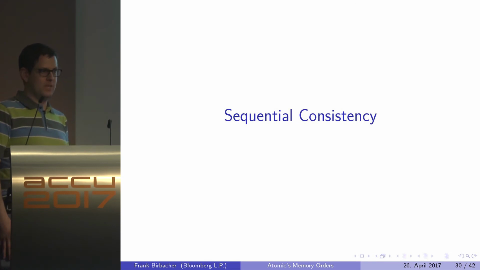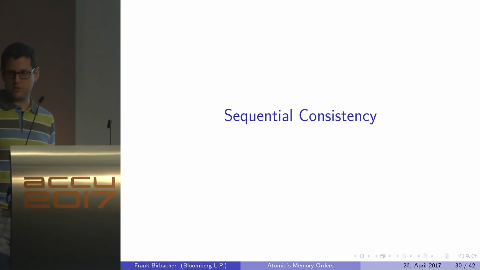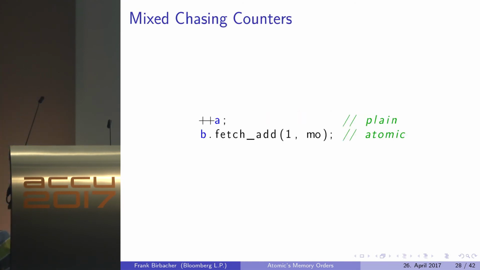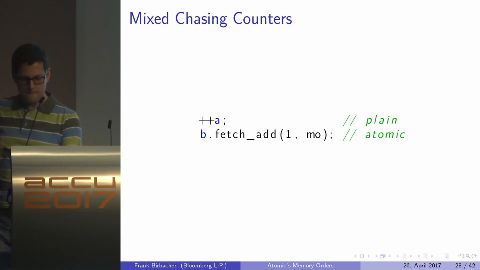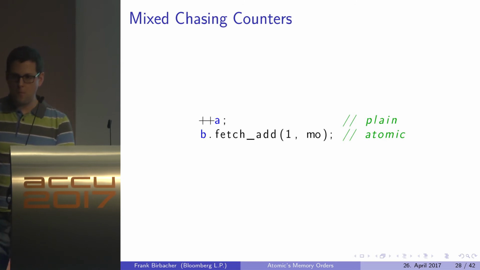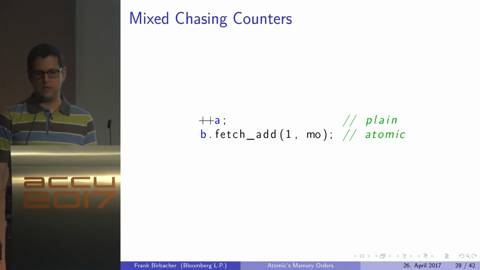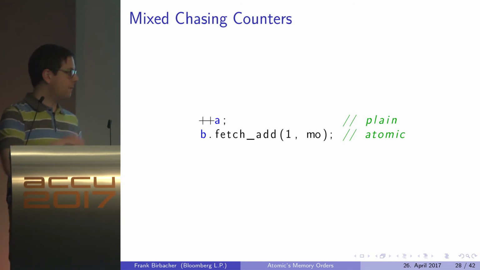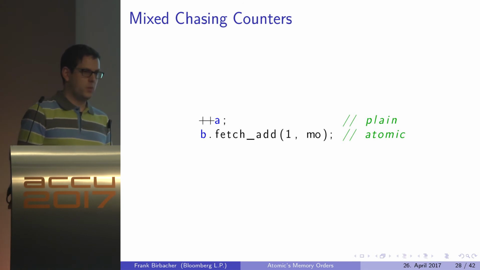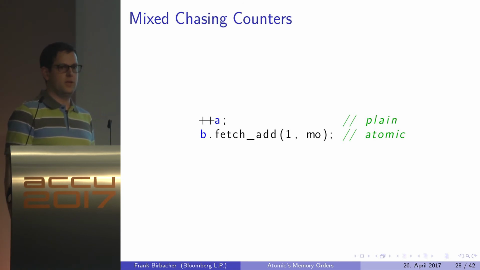So, do you have any more questions about memory orders other than sequentially consistent? I'm calling it with release, yes. For memory order, MO, we can apply all of the memory orders.